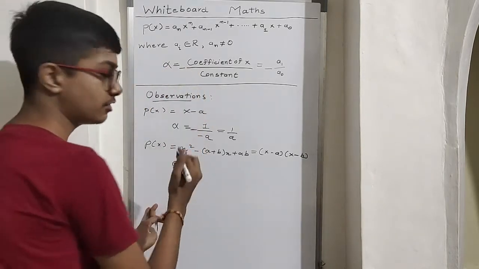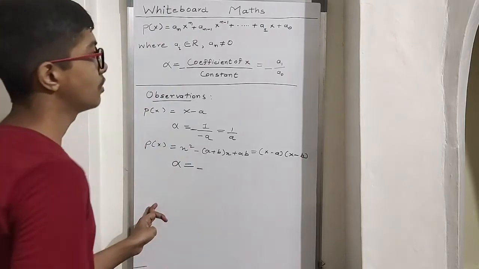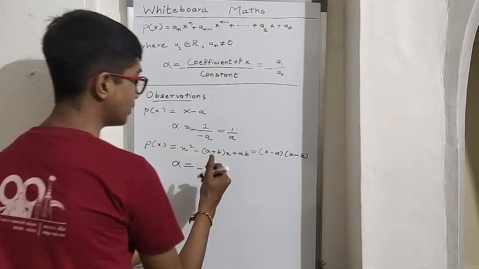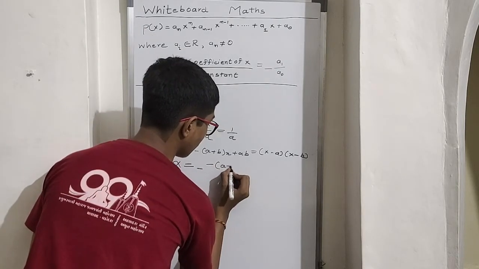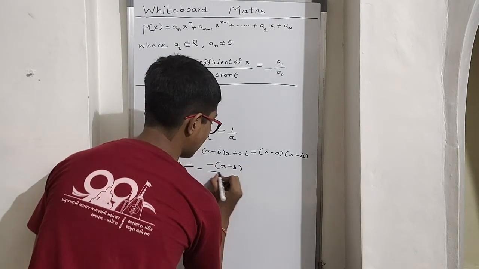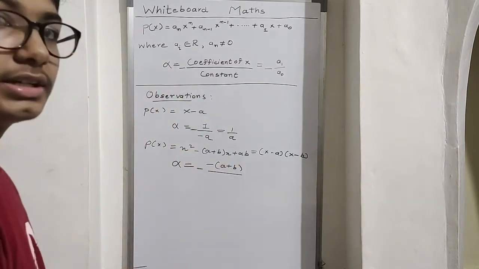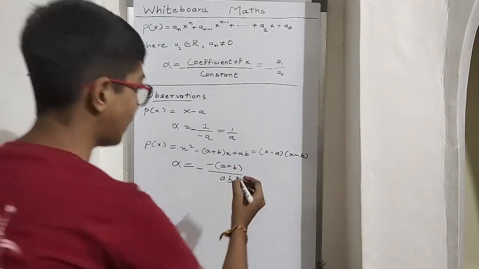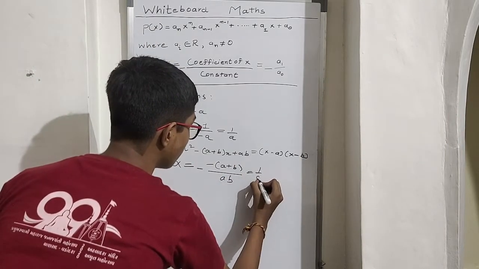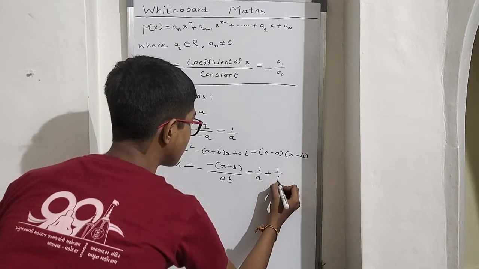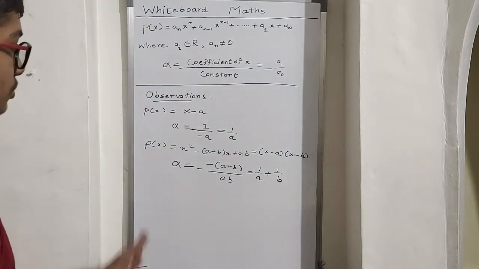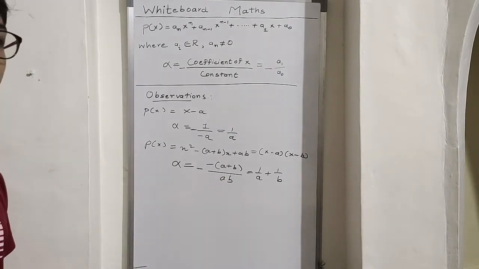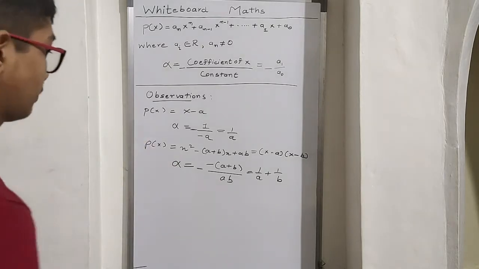We will put the negative sign as it is. The coefficient of x here is negative a plus b, and we will divide it by the constant term, that is ab. So this will simplify to 1 over a plus 1 over b.